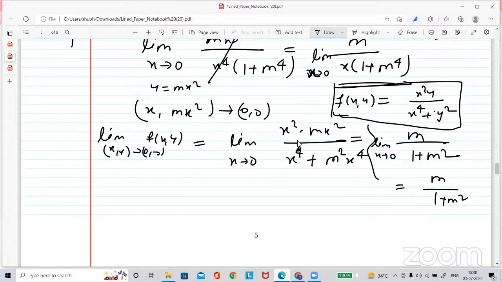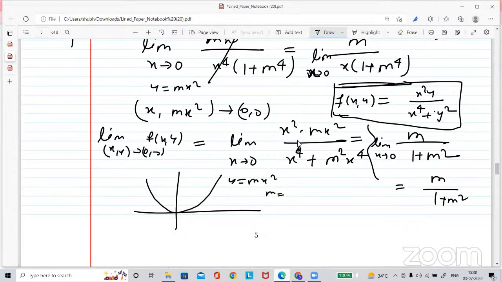So what it means is, you have this quadratic y is equal to mx square. If m is equal to 1, then your quadratic is y is equal to x square. M is equal to 2, it is going to be this curve. M is equal to 3, it is going to be this one.